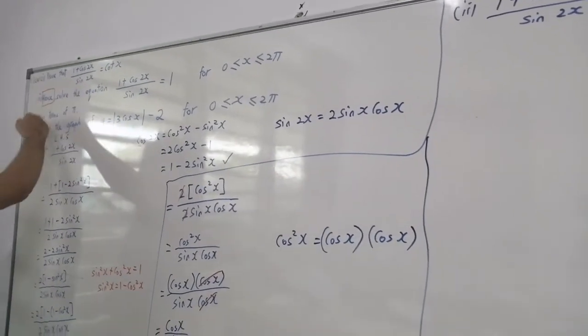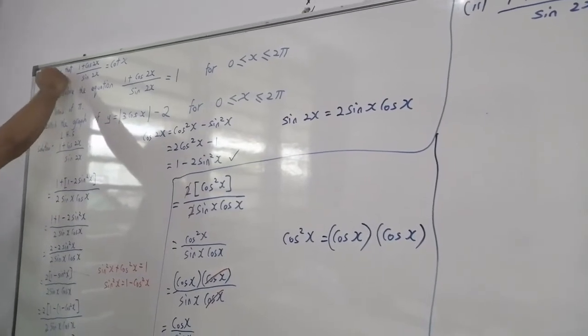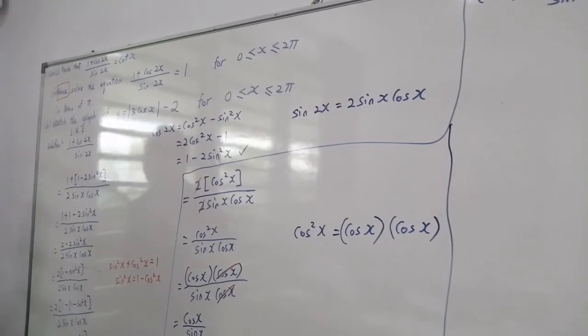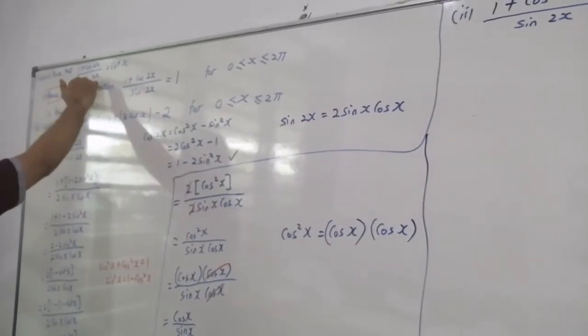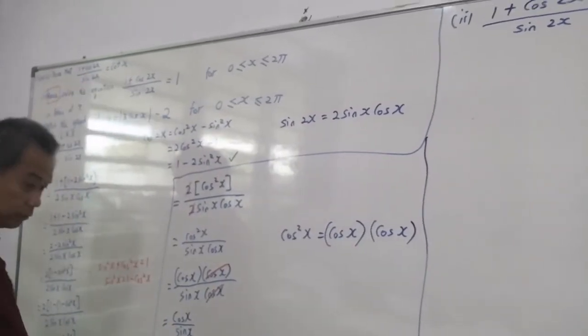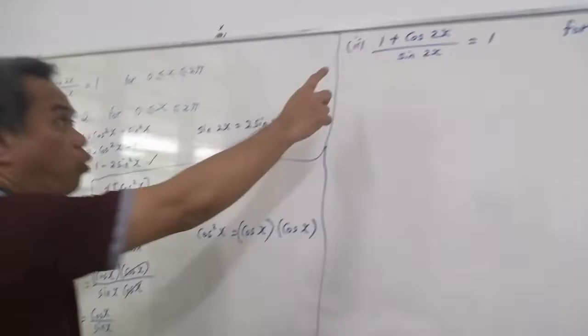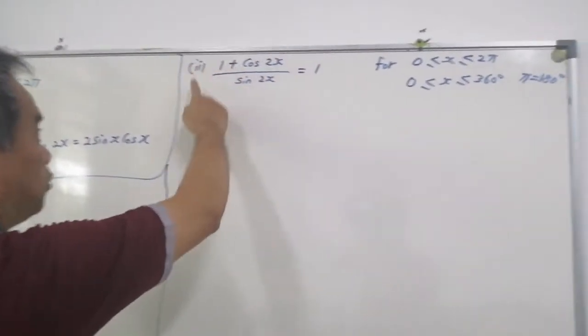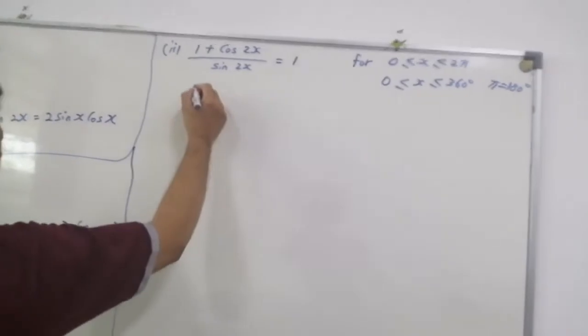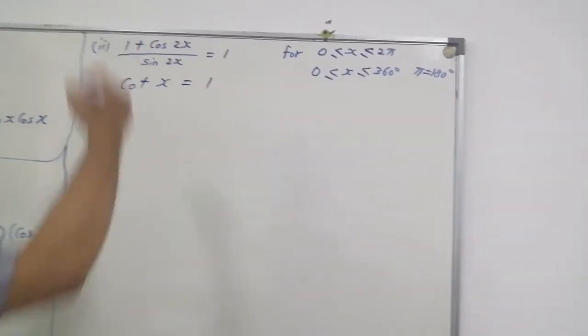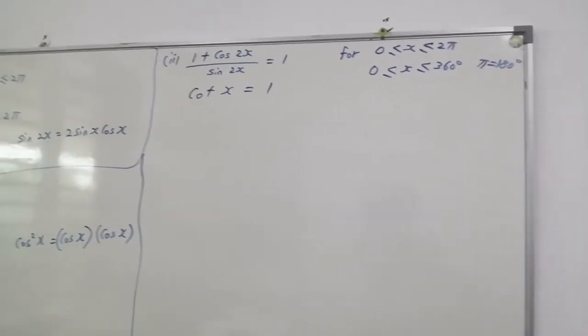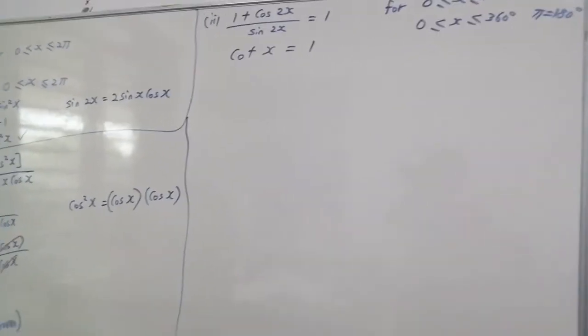Hence, you can use the part 1 answer to answer the second part here. I know that the part 1 answer is cotangent x, isn't it? So this means the whole left hand side here will become cotangent x equal to 1.